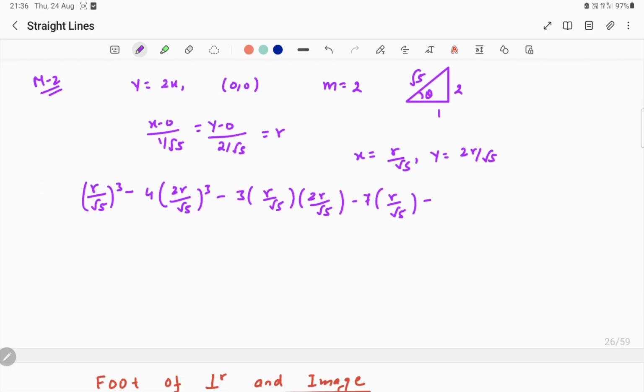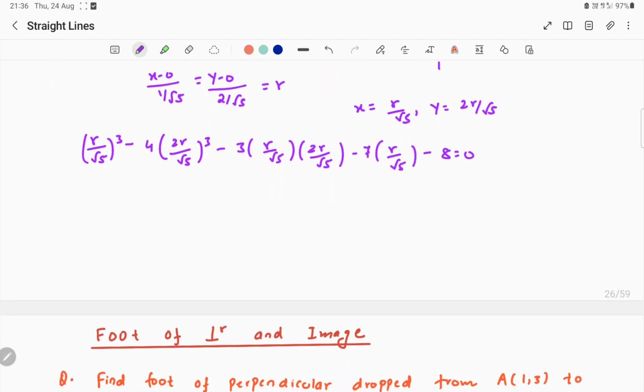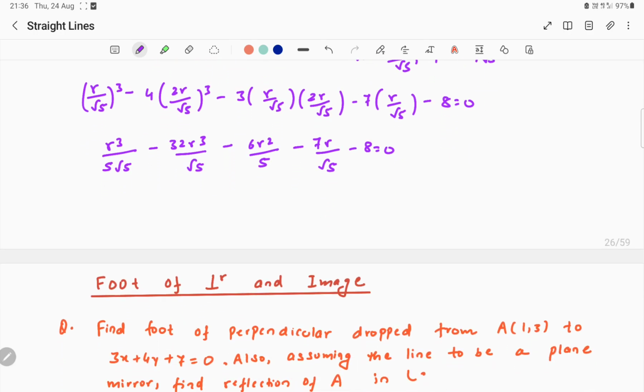Minus 8 equal to 0. Okay. So when you simplify this quickly, you get r cube by 5 root 5 minus 32 r cube by 5 root 5, minus 6r square by 5, minus 7r by root 5, and minus 8 is equal to 0.